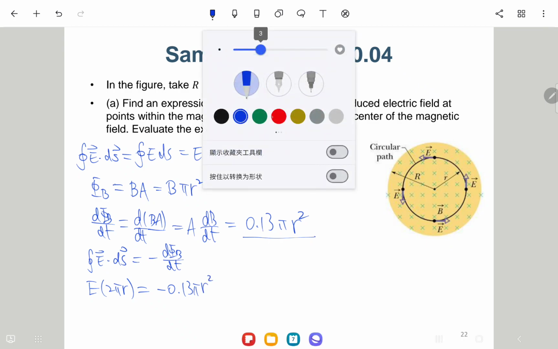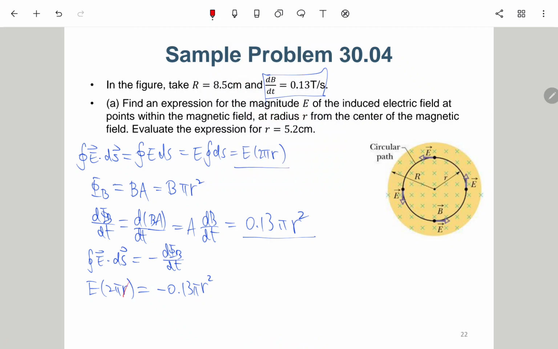Okay, so here we can do some cancellation. This r cancels with this r squared, and this pi cancels with this pi. So finally we have E equals negative 0.13 over 2 times r.